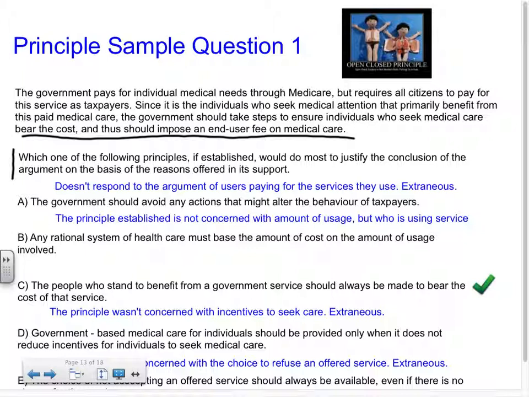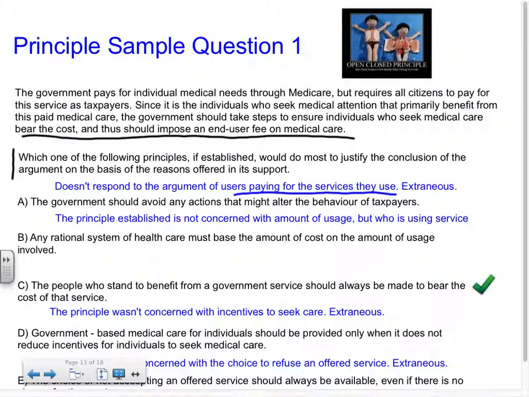A says the government should avoid any actions that might alter the behavior of taxpayers. If we look at this question, we can determine that it doesn't respond to the main argument of users paying for the services that they use. So this answer could be said to be extraneous. It's not helping us answer the question.